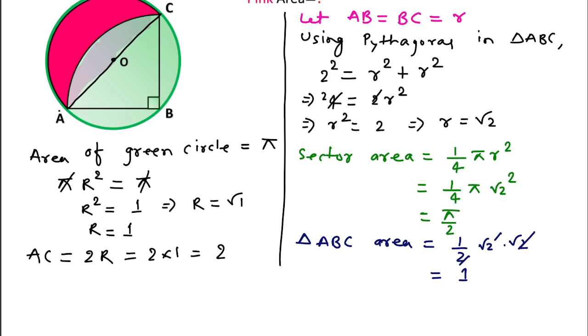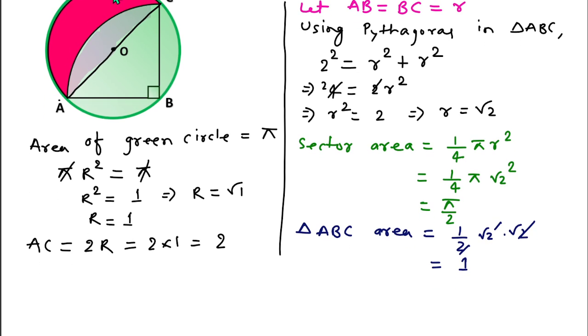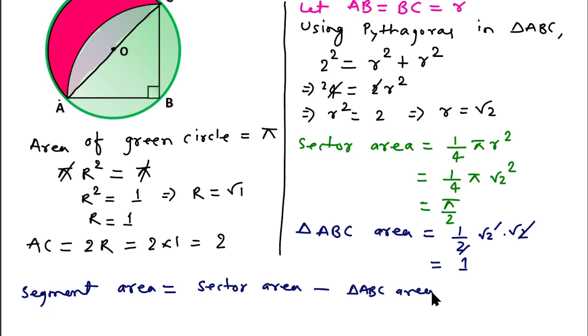So segment area is equal to sector area minus triangle ABC area. Sector area we have just calculated is pi by 2, and triangle ABC area is 1, so pi by 2 minus 1.